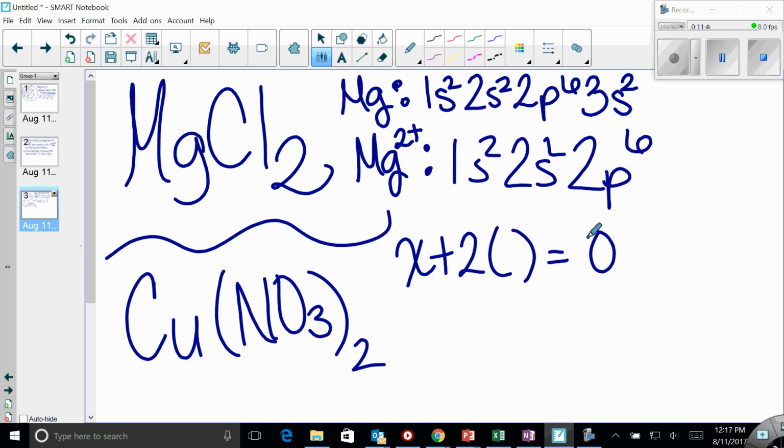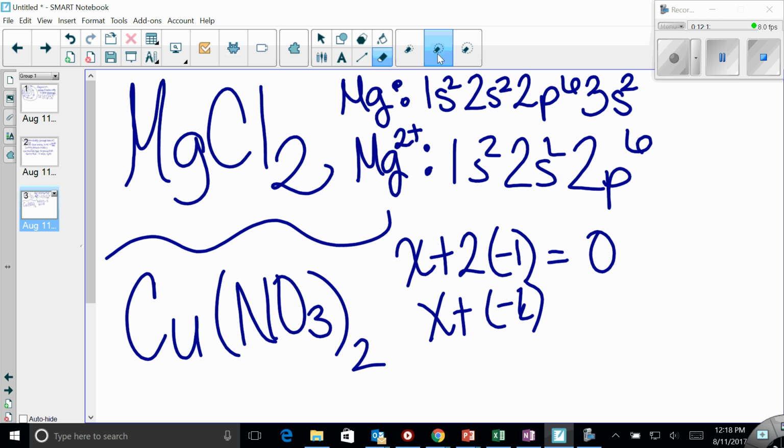If I look on my chart on the back, it tells me that NO3, in this little box over here, is in this -1 box. That -1 is what goes in this box right here. So x plus 2 times -1 equals 0.